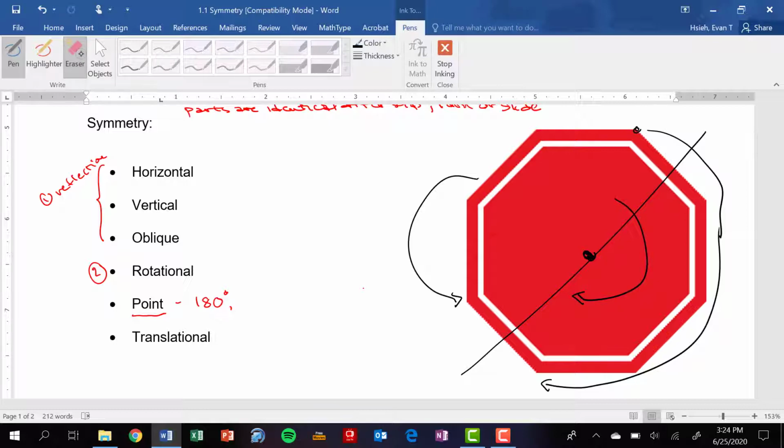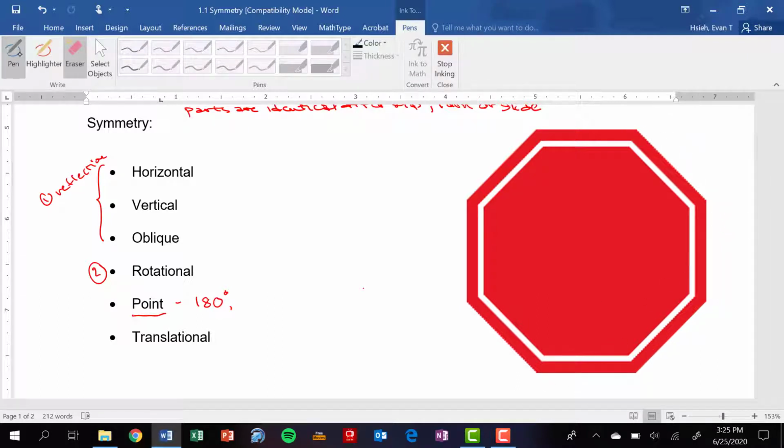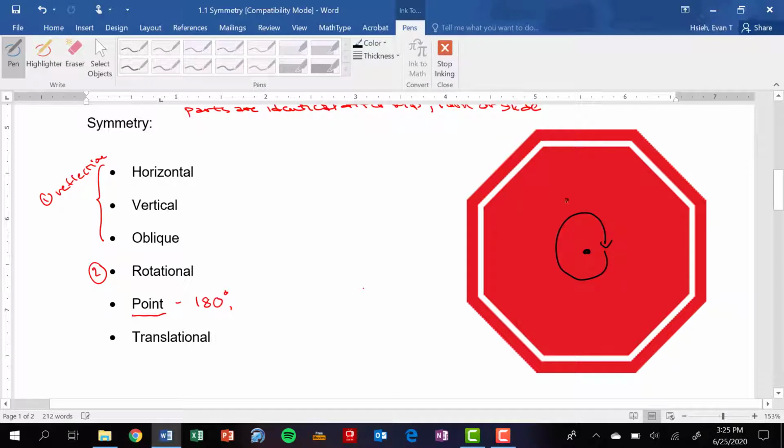A stop sign has rotational symmetry, not just point symmetry. It has many different degrees of rotational symmetry, but what you generally do is refer to the smallest degree of rotational symmetry. So if I think about going around the circle as 360 degrees, and I rotate this point around the circle over to here, how many degrees of rotation would that be?